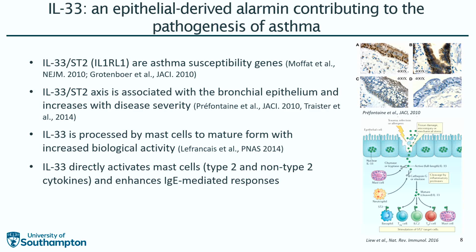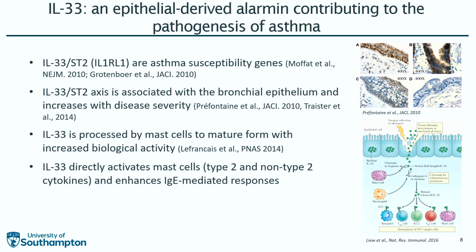They are associated in the bronchial epithelium and again increase disease severity. Mast cells respond to IL-33, but they can also process it to a more active form. A beautiful study a few years ago demonstrated that in severe disease, mast cells and basophils are the target for a splice variant of IL-33 that is increased in severe asthma. Mast cells can respond to IL-33 as well.